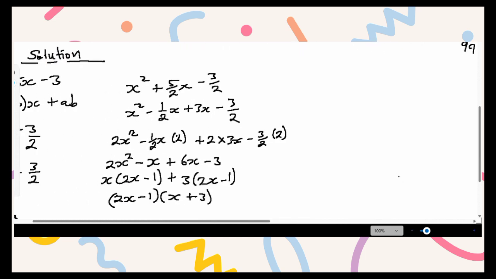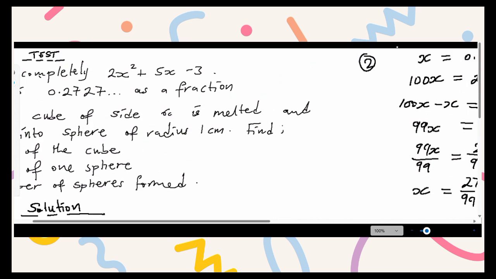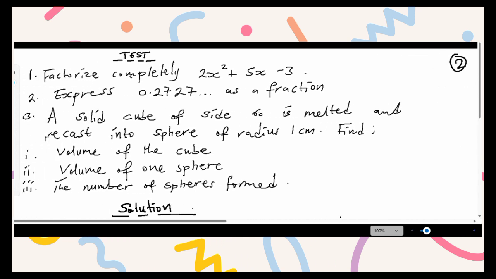So what does question number 3 say? Question number 3 says that a solid cube of size 6 centimeters is melted and recast into spheres of radius 1 centimeter.